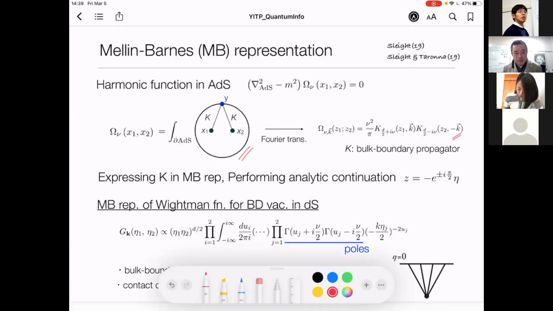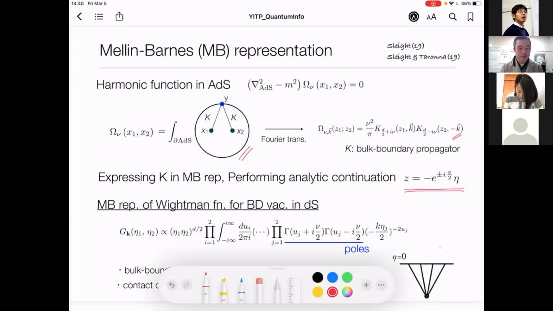And by doing analytic continuation, which connects dS and Euclidean AdS, we can obtain the corresponding expression of a bulk-boundary propagator of dS, which can also be obtained directly by doing the computation in dS. It is also known that this bulk-boundary propagator in AdS can be expressed in a Mellin-Barnes representation. And this can also be mapped into dS language just by this analytic continuation.